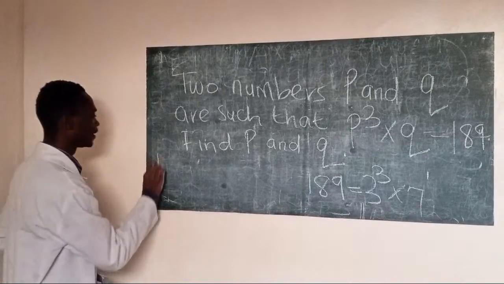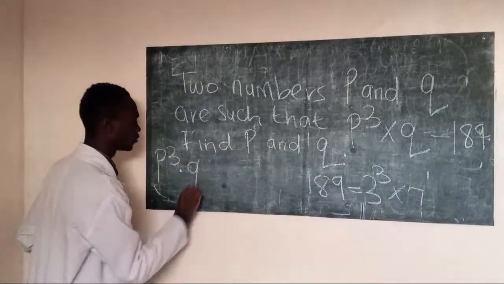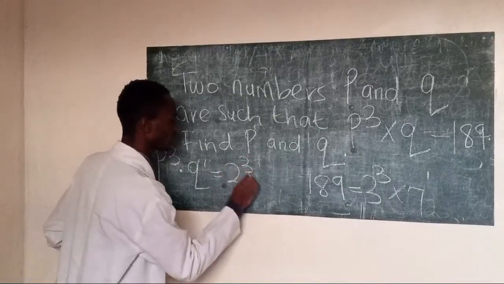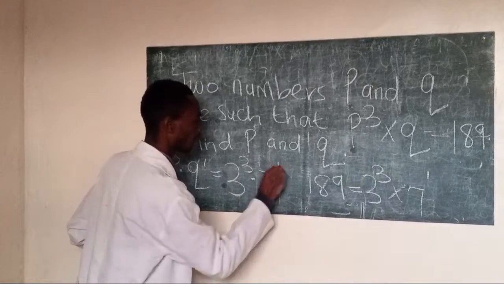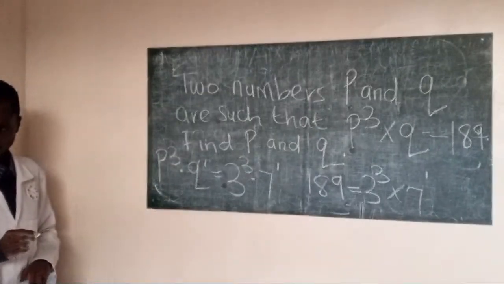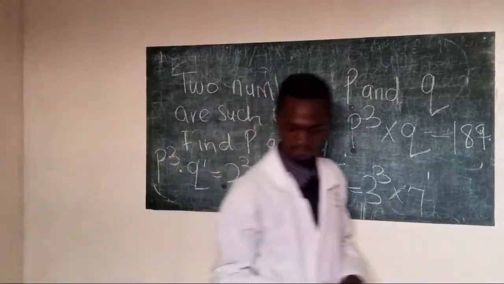So, P to power 3 multiplied by Q to power 1 is equal to 3 to power 3, 7 to power 1. Is it possible to find the value of P and Q? Yes. Give me the value of P and Q.